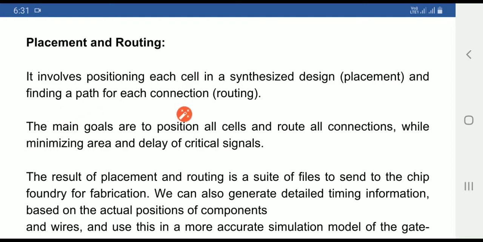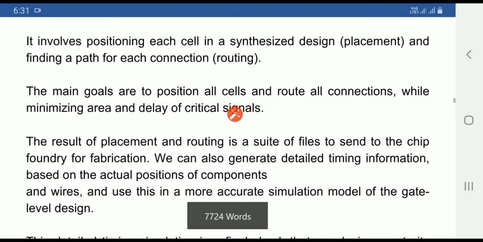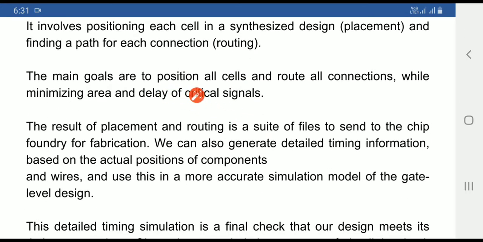Finding a path for each connection is routing, meaning interconnecting the cells within a block. The main goals are to position all cells and route all the connections while minimizing the area and delay of critical signals.